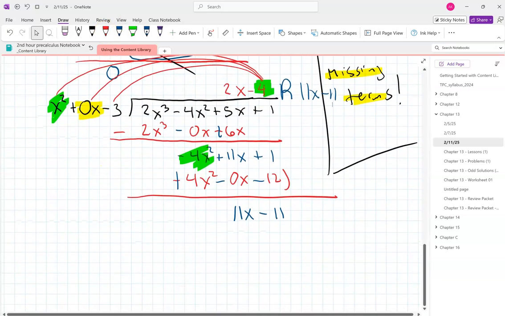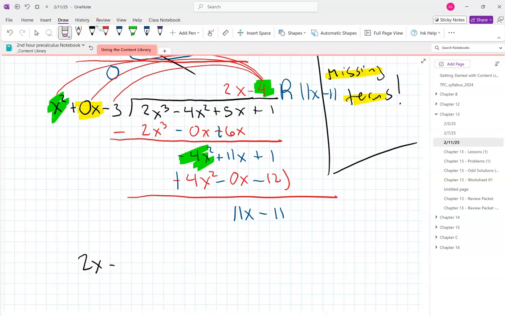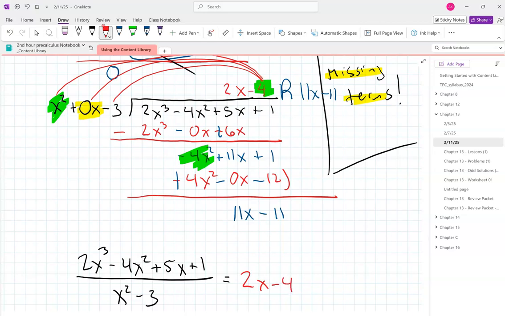But the way we're going to write this instead is, we'd say the answer to this problem that we had at the start, which was this, is equal to my quotient plus my remainder over my divisor.